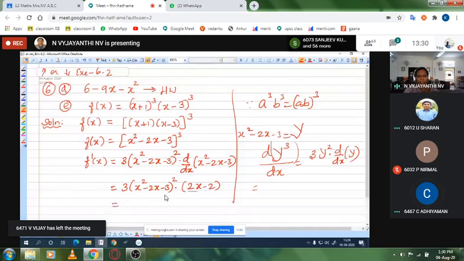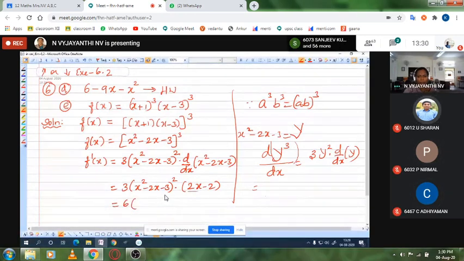Shall I take 2 commonly out from this? 6 into, okay, how to split this minus 2x and minus 3?